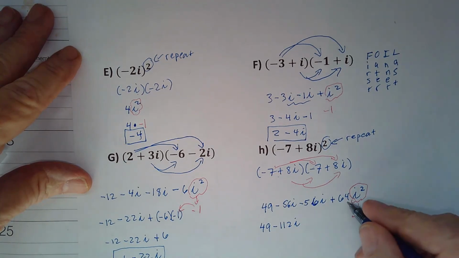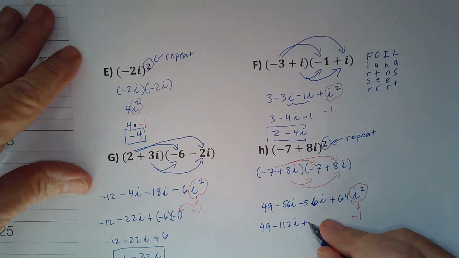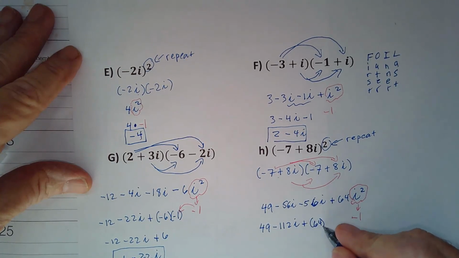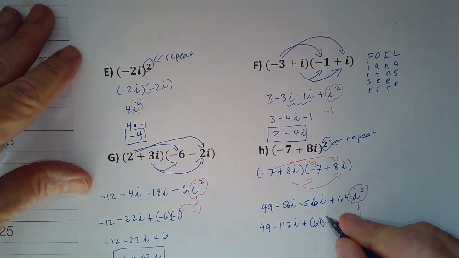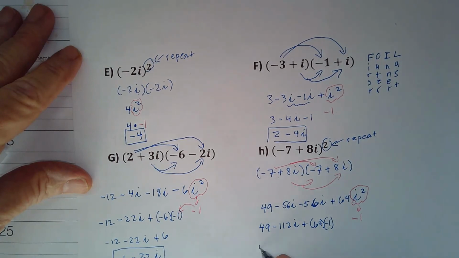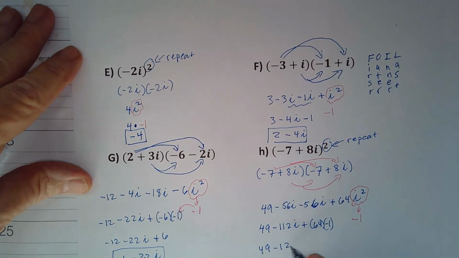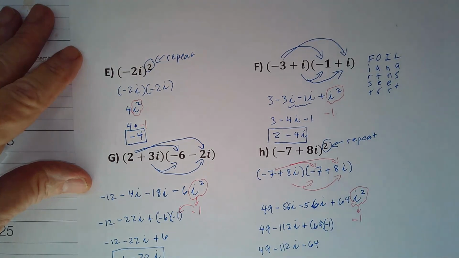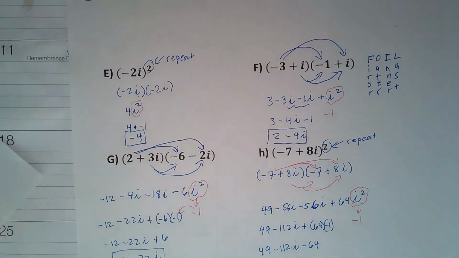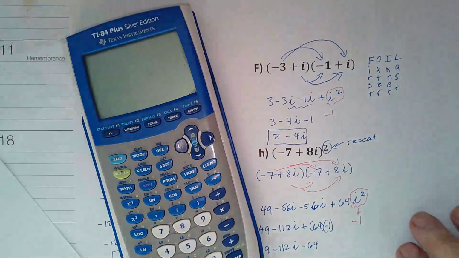Okay, well, this is really plus 64 times negative 1, right? So that really is 49 minus 112i. And then 64 times negative 1 is negative 64. Okay, 49 minus 64. Let's use a calculator for that.